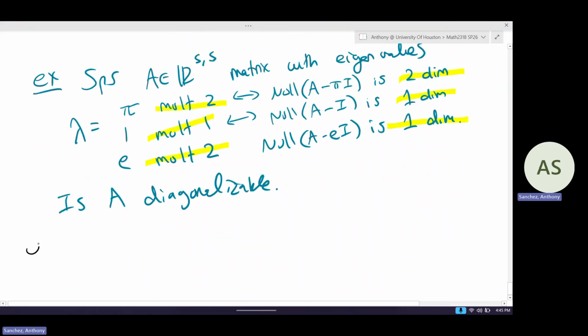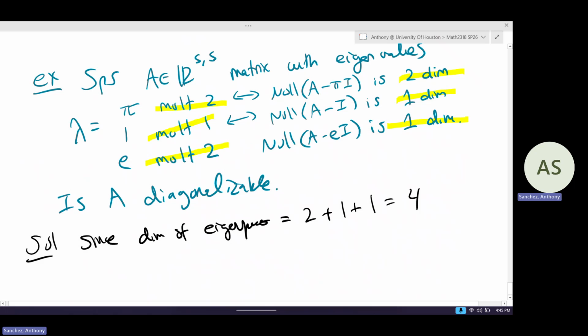So solution: since the dimension of the eigenspaces equals, well, for pi, it's going to be 2. For 1, it's going to be 1. And then for e, it's going to be 1. This equals 4. And the sum of the multiplicities, sorry. How did I write it here?